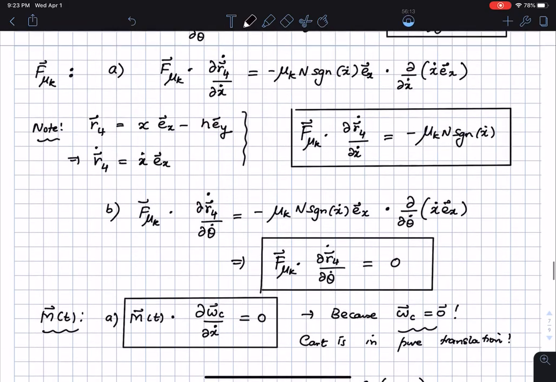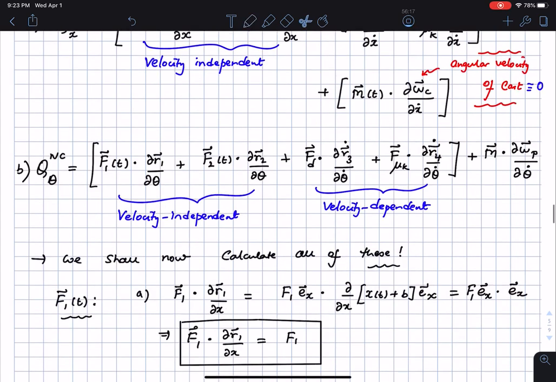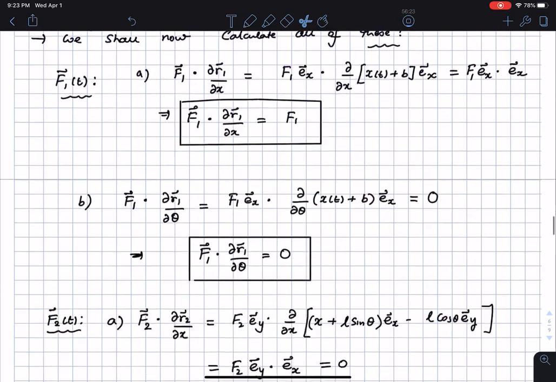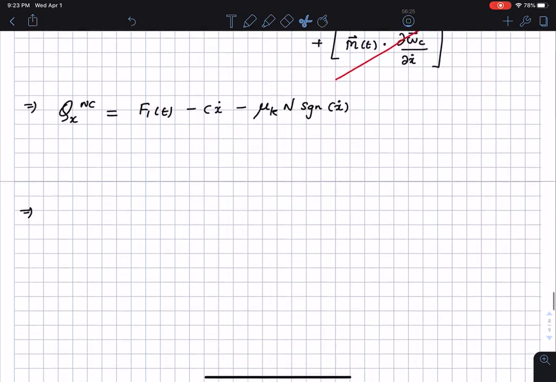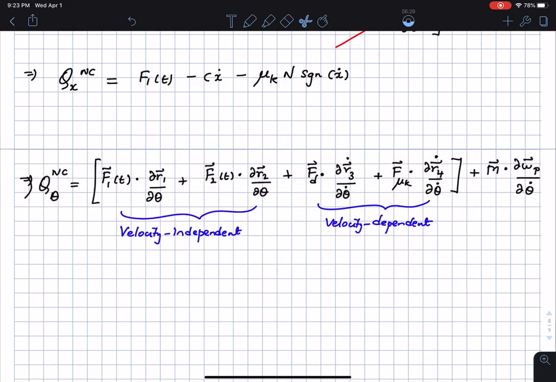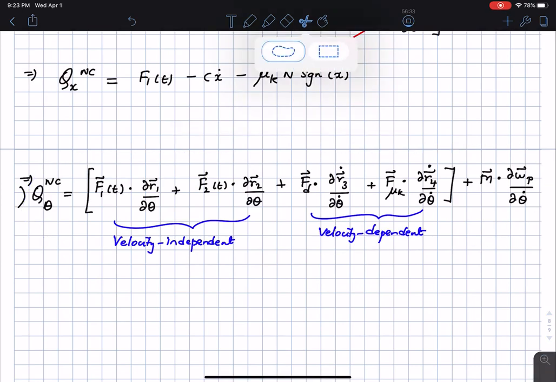If I pull out the expression for Q theta from here, I bring that down here, I copy that, and then bring it down, and we can see that several terms are gotten rid of in this. I'm going to remove these.